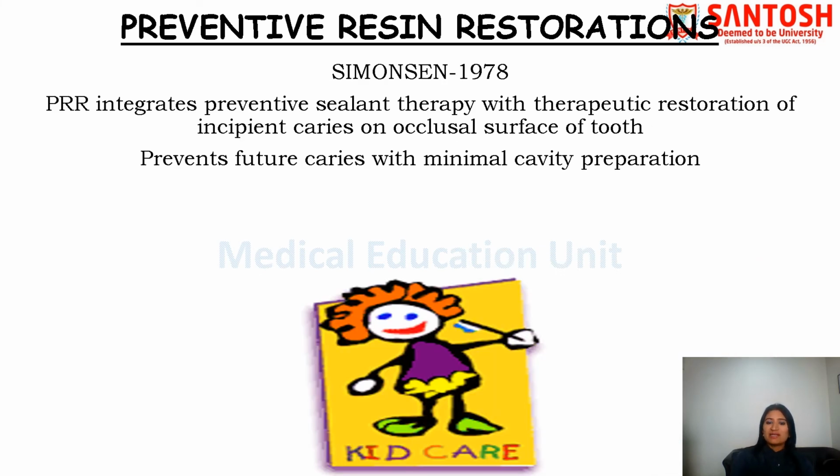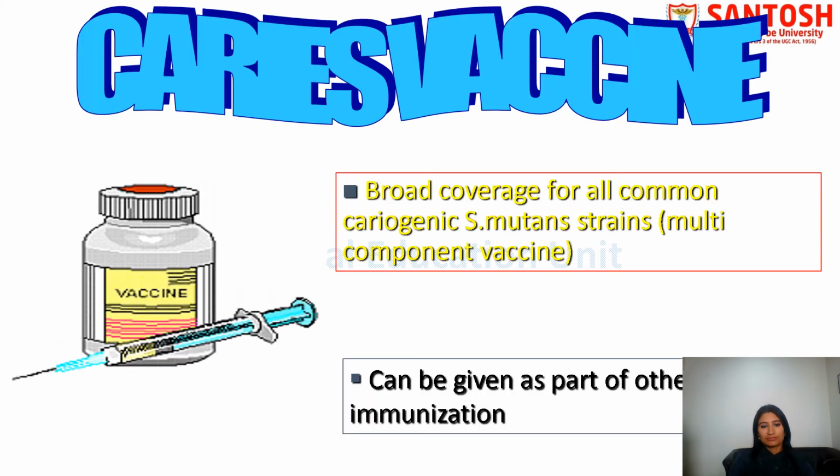Also, we can use preventive resin restorations. Preventive resin restorations integrates preventive sealant therapy with therapeutic restoration of incipient caries on occlusal surface of the tooth. It also prevents future caries with minimal cavity preparation. Caries vaccine again provides broad coverage for all common cariogenic Streptococcus mutans strain.